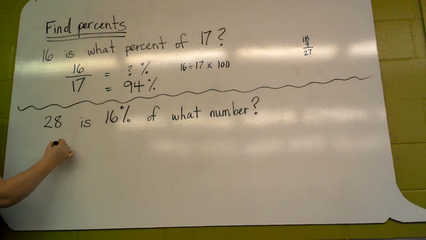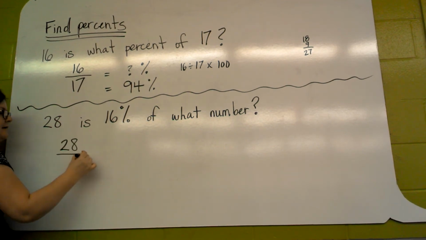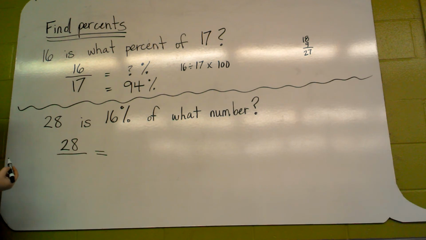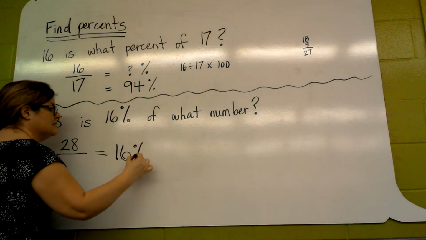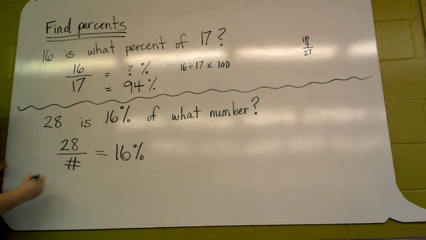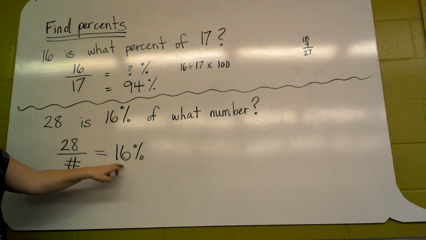It says 28 equals 16%, but we don't know how much it's out of. We're looking for that what number. Easy peasy. Turn this, please, somebody, into a decimal.